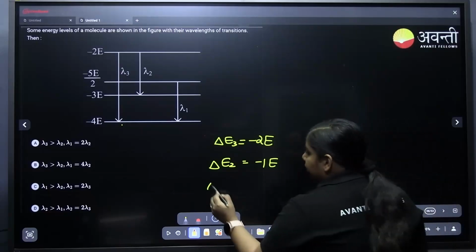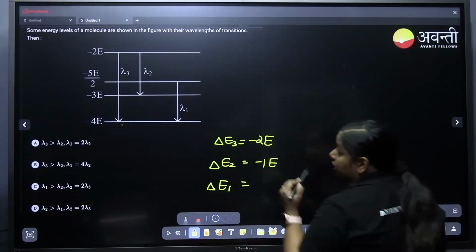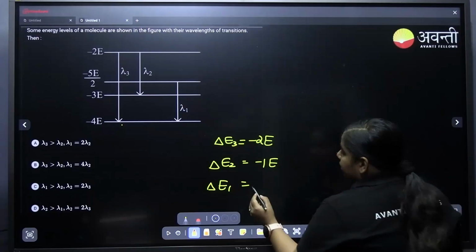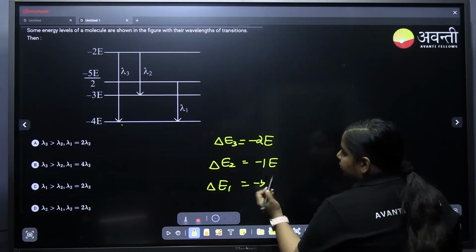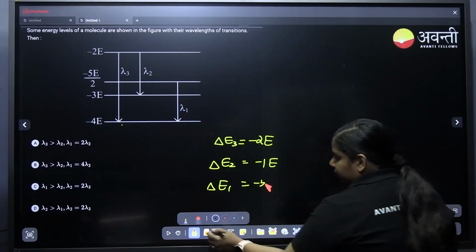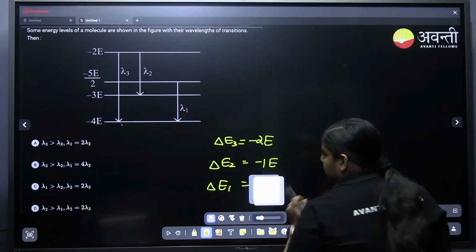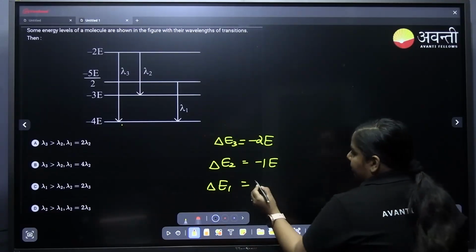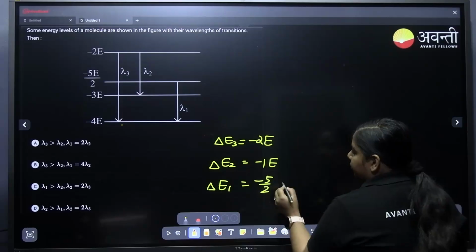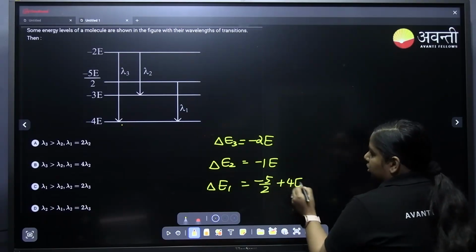Next is from minus e by 2 to 4e. There delta E1 is equal to minus 5 by 2 plus 4E.